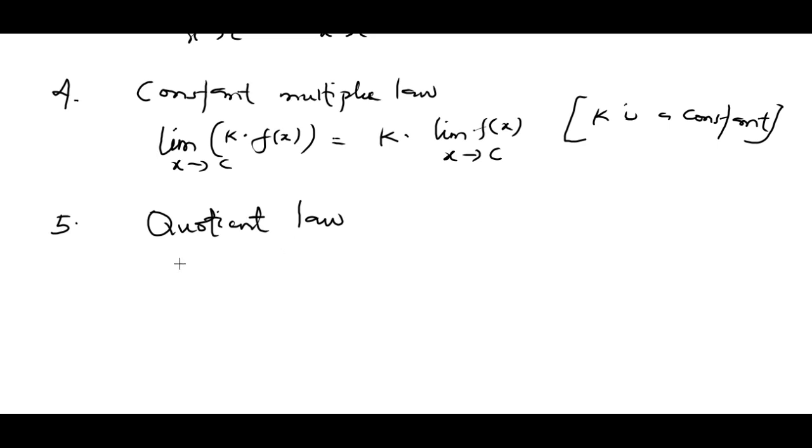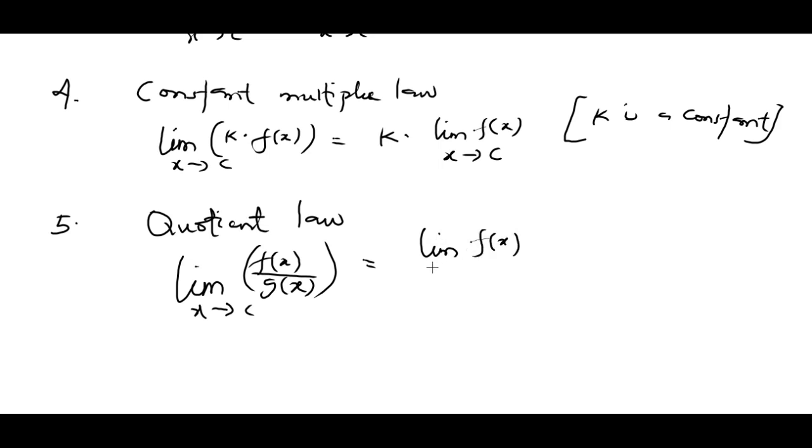So, if we have lim f of x all over g of x as x tends to c, you can simply have the limit of f of x as x tends to c over the limit of g of x as x tends to c.